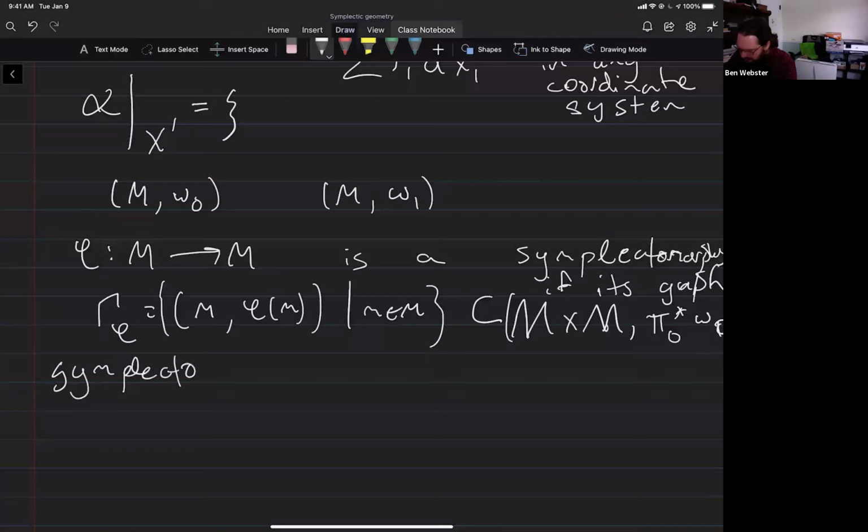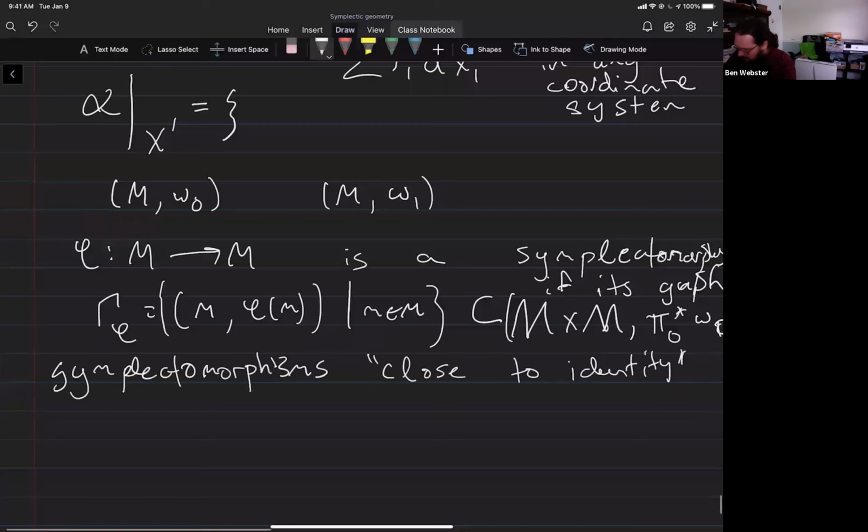Symplectomorphisms which are close to the identity match up under this Lagrangian embedding theorem. We think about what the stuff near the diagonal in M is going to look like. What are the Lagrangian submanifolds close to this guy?